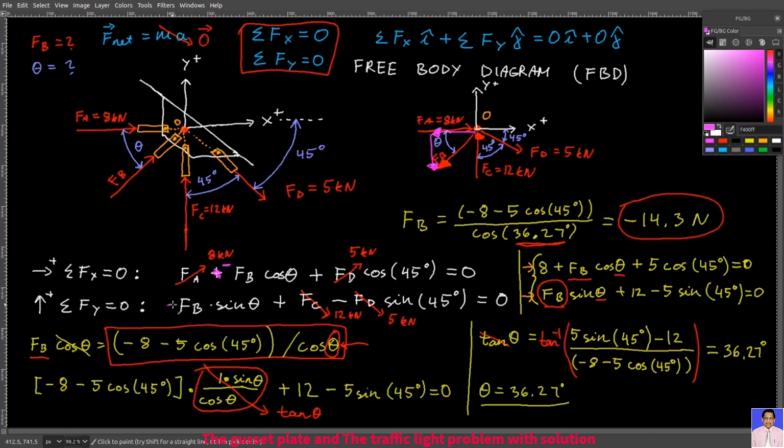And also here, you would have had a minus. But here's the thing. Once you choose the direction for Fb, and then in the end, if your Fb ends up being positive, then your assumption was correct. But if it turns out to be negative, then the force vector is opposite to what you had previously assumed.